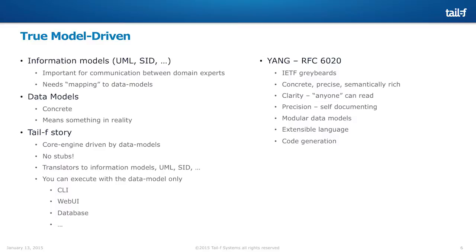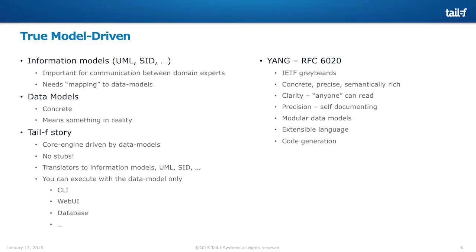It actually means something in reality. So the core engine, as I mentioned, is driven by a Yang data model. With ConfD, we have a programmatic model. There are no stubs. You aren't just generating bunches of skeleton routines that then you're spending time filling in.